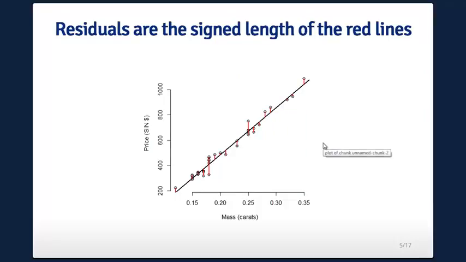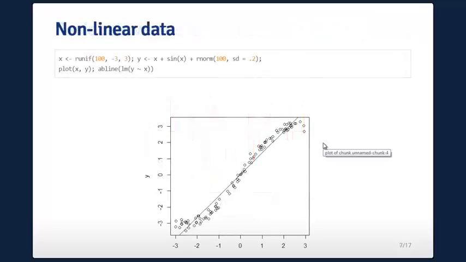So what sorts of things do you want to look for in your residual plot? You want to look for any pattern. Any evidence of a pattern means that there's some sort of systematic thing that you've omitted in the model that you maybe should have included. Here's an example where I'm going to simulate some data and show you a residual plot.